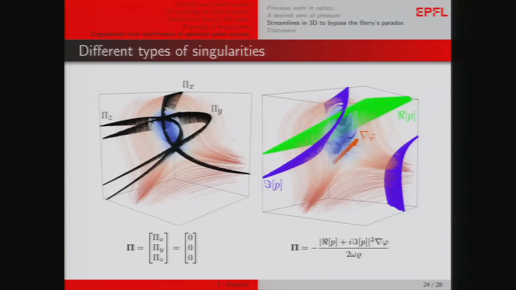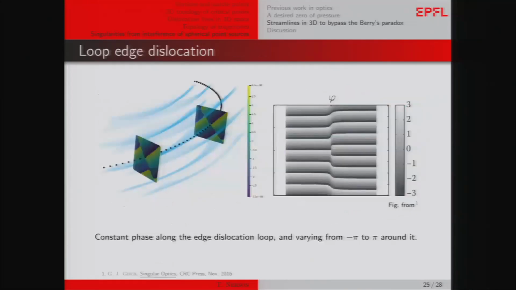This structure can be defined in another way. It can be defined as a loop edge dislocation. That is why I said it was tricky to speak about vortices and dislocations as the same notion. Here what we state is that an edge dislocation must be the sum of a vortex line and a saddle line.